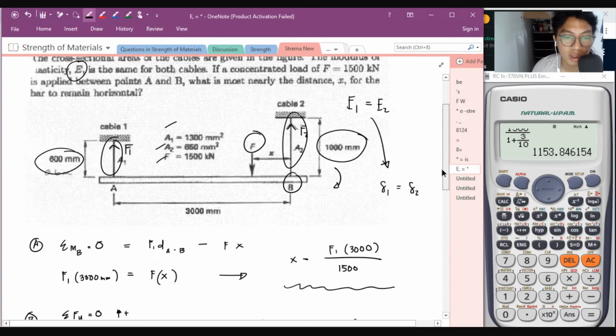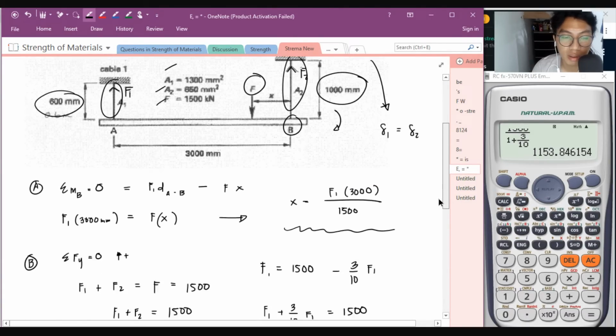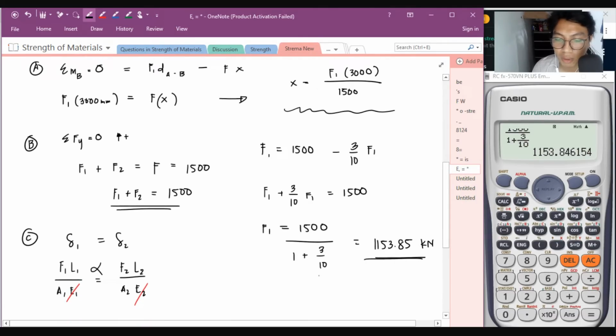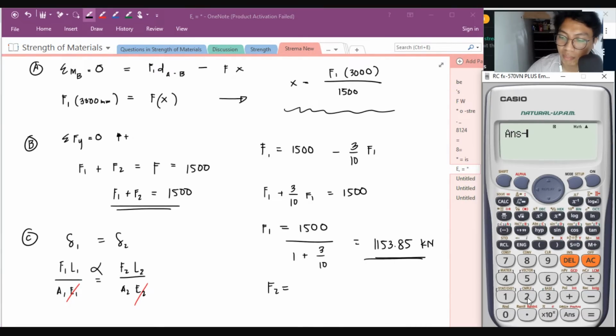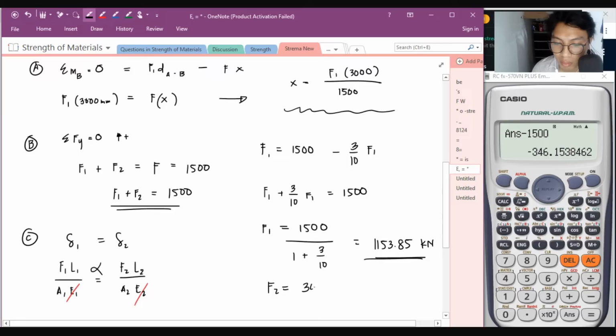Tama ba nakalagay dyan? Ayan, kilonewton. How about F2? Di minusan ko na lang to ng 1,500. The answer is 346.15 kilonewton. Meron na akong F1 and F2.